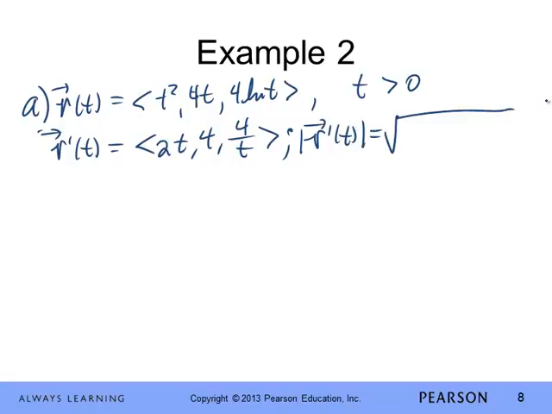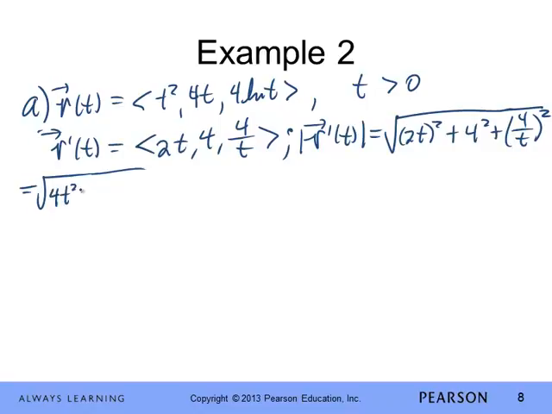So we're talking about the square root of (2t) squared plus 4 squared plus (4 over t) squared. So skip down here. We have the square root of 4t squared plus 16 plus 16 over t squared.